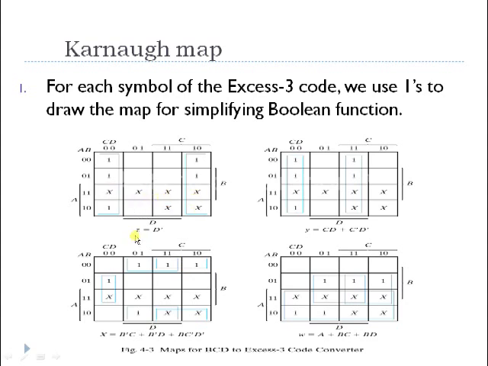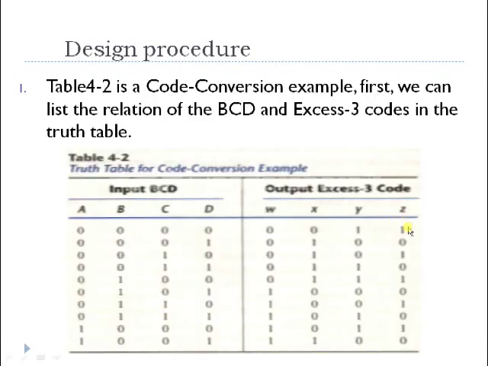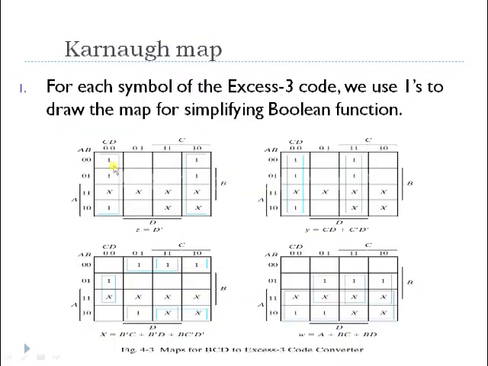If you look here, for example the Z function, the Z function minterms are 0, 2, 4, 6 and 8. The remaining ones marked X denote don't care combinations.